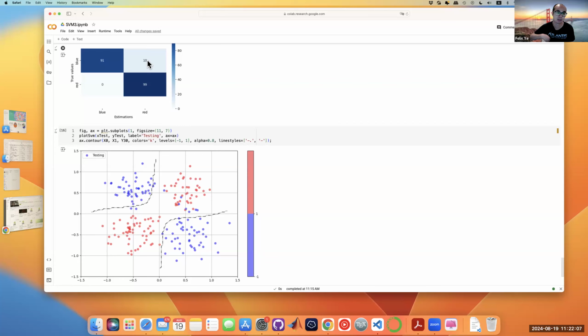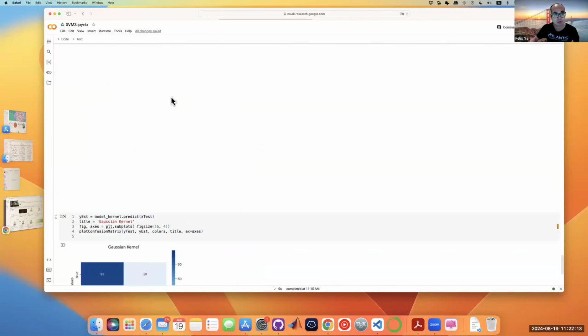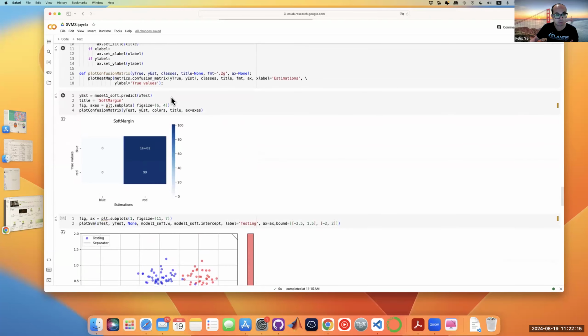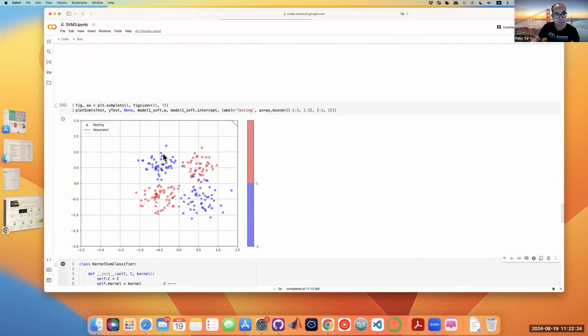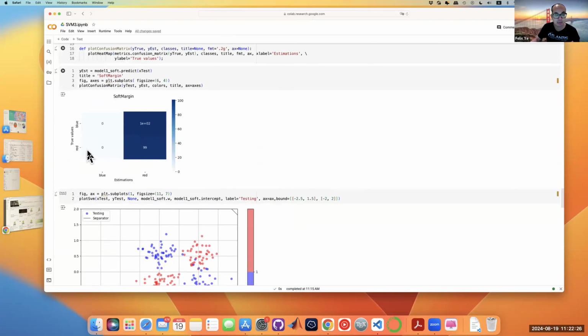So that's 90% accuracy in this case, which is quite significant compared to when we used the soft margin right here, where almost every point is being classified wrong. That is really, really bad. We only get about 50% accuracy with the soft margin.